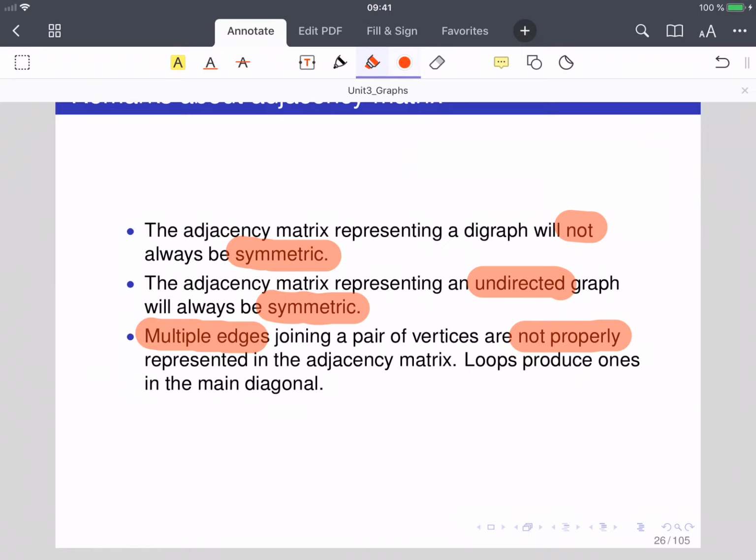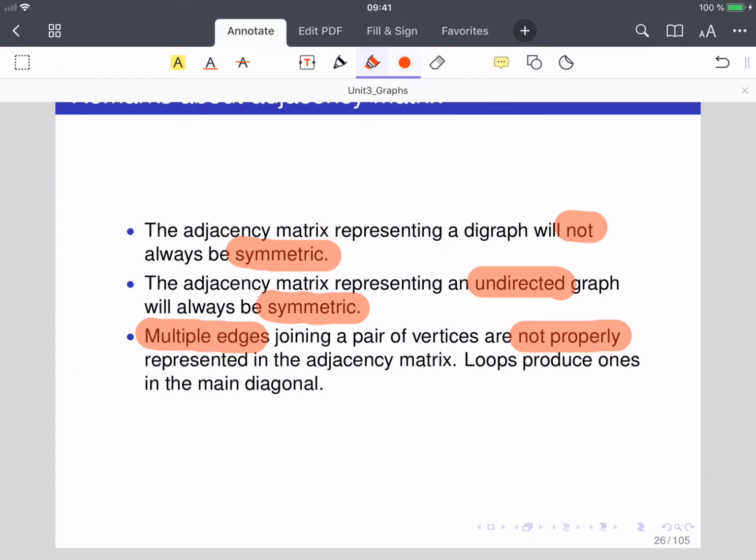Okay, but since we are not going to work with multiple edges very many times, we are not going to need that kind of representation.